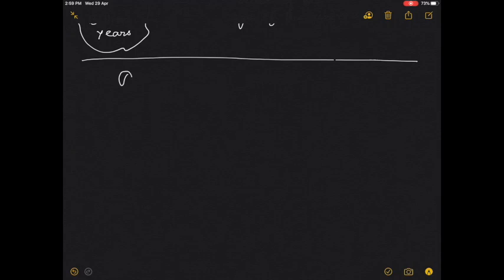Next, let us ask the question of proper distance. So proper distance between emission and reception of light rays at two points, at time.